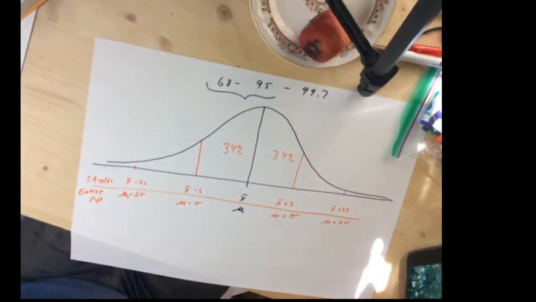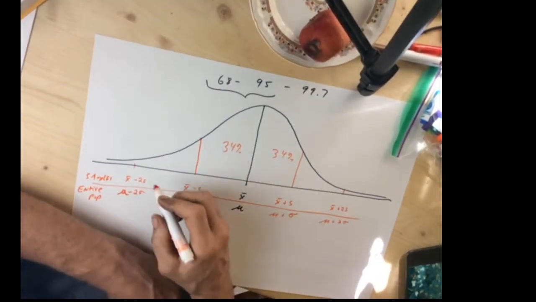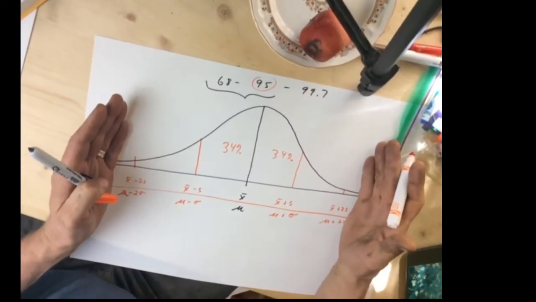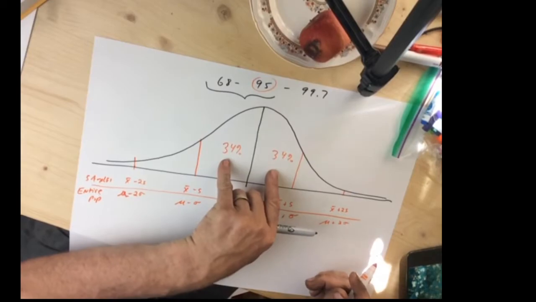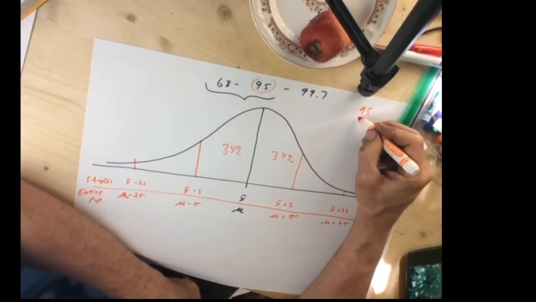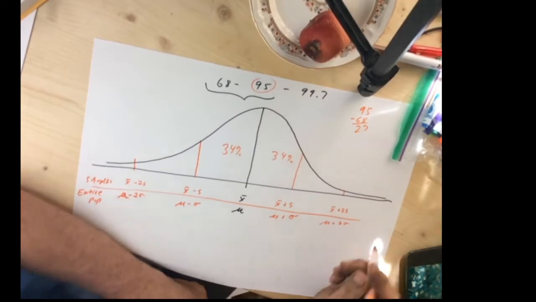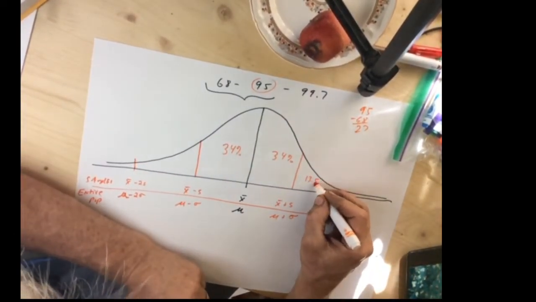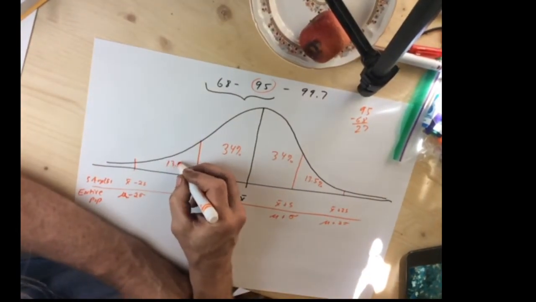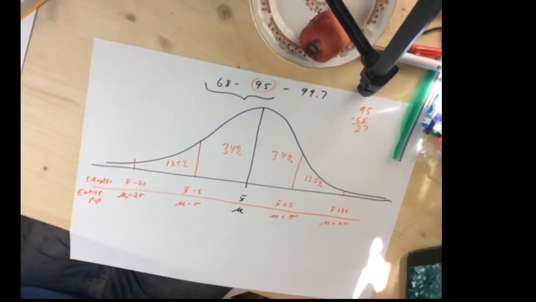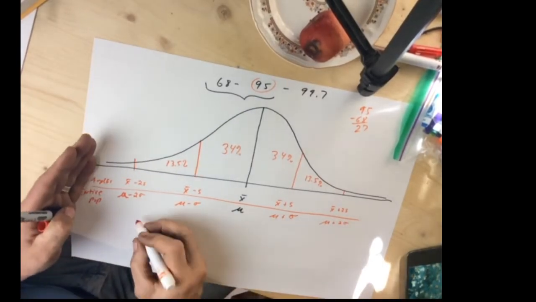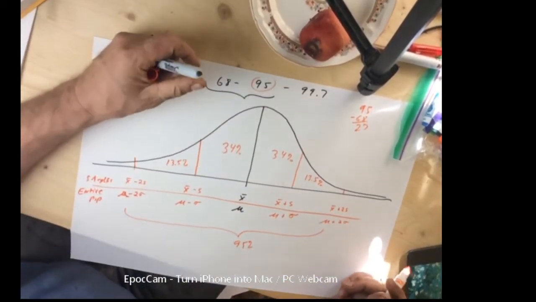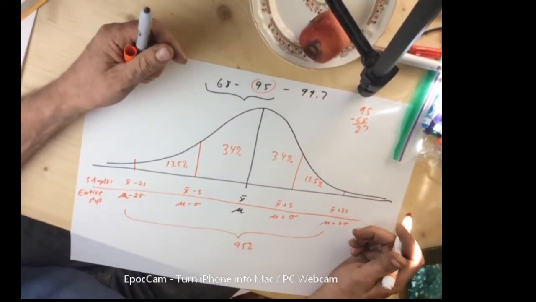We use 2 different symbols to indicate we know a sample or not. Now, this rule says we now have 95% of the people. Well, we already had 68% here, so 95 minus 68 is 27, so we have 27% to go in these 2 places. Well, 13.5% go here, 13.5% go here, which says that 95% of the population lives within 2 standard deviations of the mean.